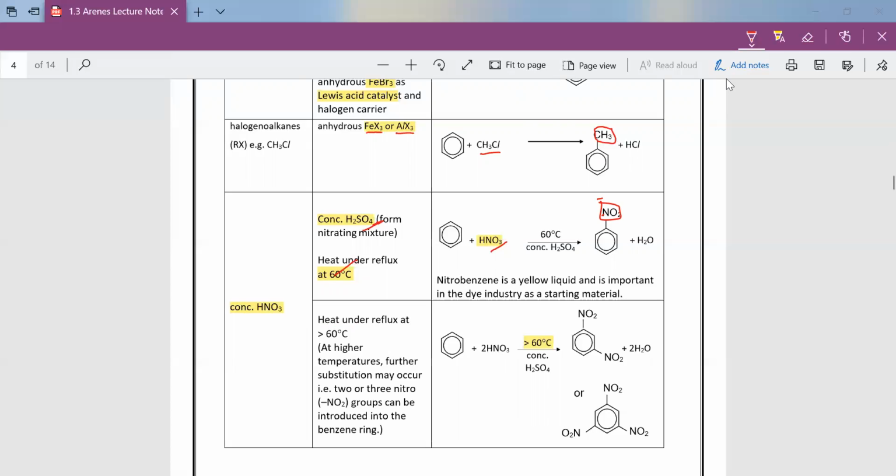If you want di or tri substitution, all you need to do is increase the temperature so that more substitution may take place. The nitro group itself is deactivating, so bear in mind that after you put in the first nitro group, you need even more energy to get the second one in.